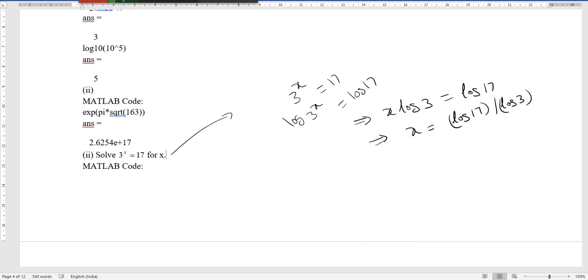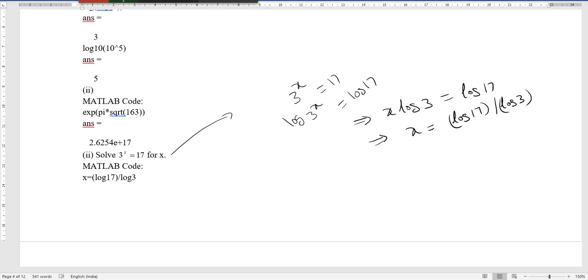Then what about the Matlab code? What is the Matlab code for this one? I will assign small letter x, x equals, bracket log 17, divided by log 3, no need to write bracket, not required.